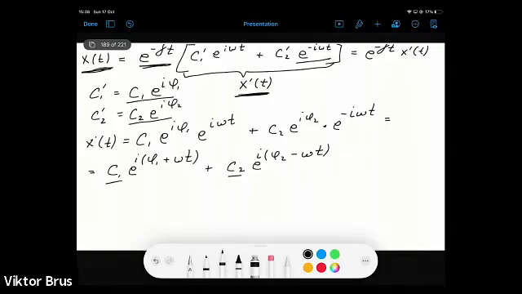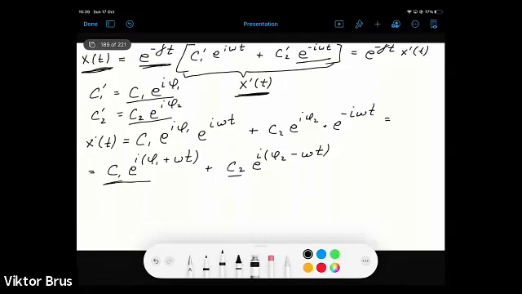Now it's time to apply Euler's equation and split these exponential forms of complex functions into trigonometric format, where we have real and imaginary components separate.